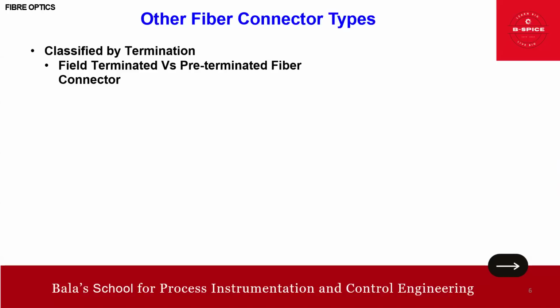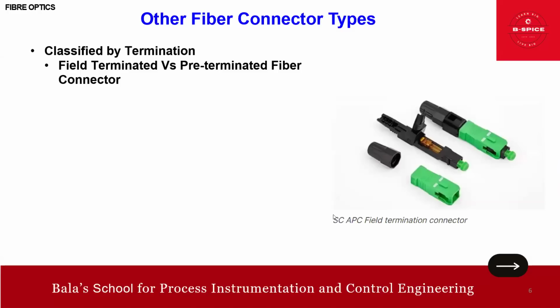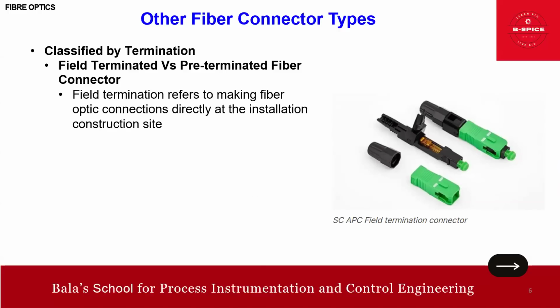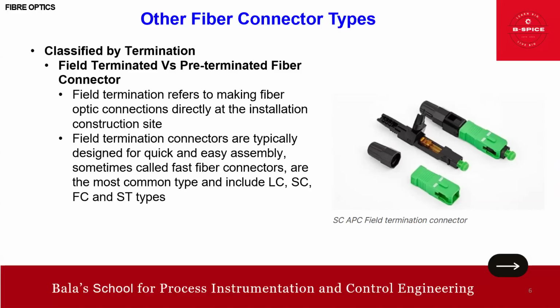Then we have a classification by termination, meaning whether it is field terminated or pre-terminated. This is the look and feel of this. This is basically field terminated. Field termination refers to making a fiber optic connection directly at the construction site. Field terminated connectors are typically designed for quick and easy assembly, and sometimes we call this a fast fiber connector.